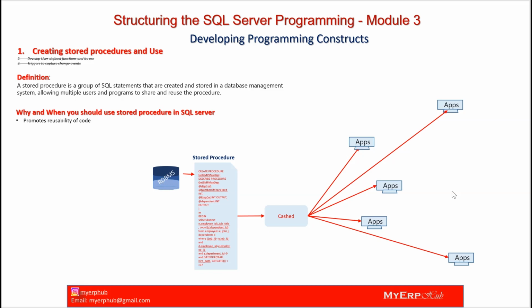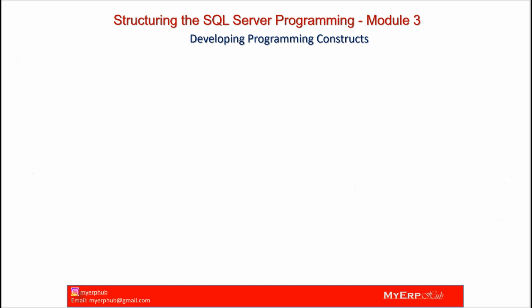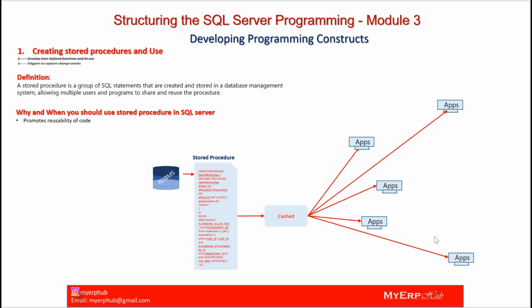Every time the CPU will be engaged, and it goes through the same process I was showing: syntax checking, plan selection, query execution, every time, with each user doing the same thing. So you can see how heavy that is on the CPU. But if you have a stored procedure, it just comes from the cache and works for you in a very fast way.